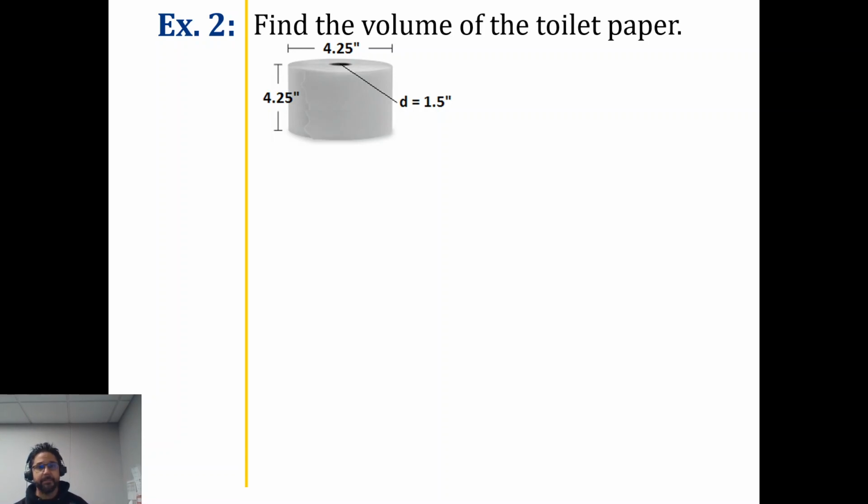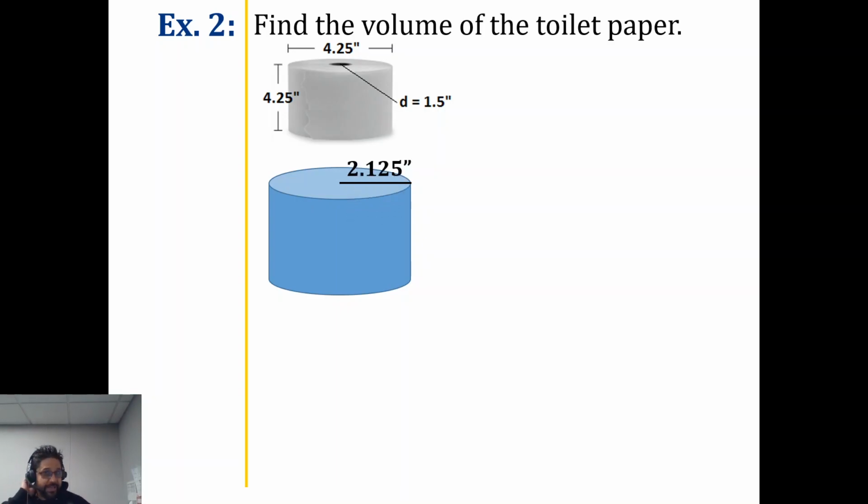So we're going to go ahead and set it up as 2 separate problems. So observe here, you got that bigger piece. So the radius is found, if you want to do it on your calculator with me real quick, is just 4.25, which is that big horizontal number there, divide by 2, and that's how we got the 2.125. The height is still 4.25.